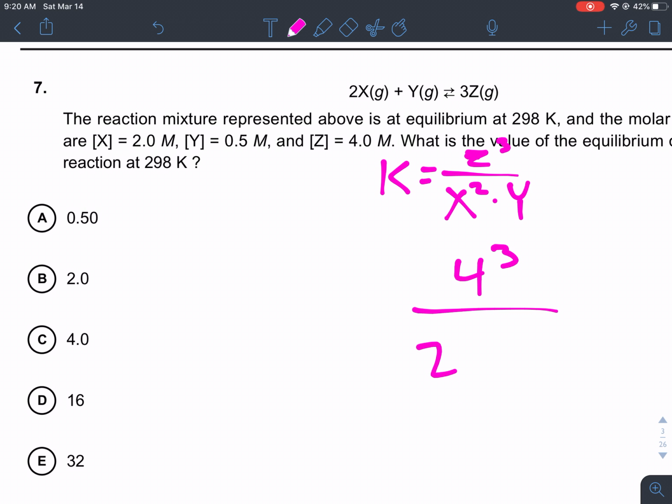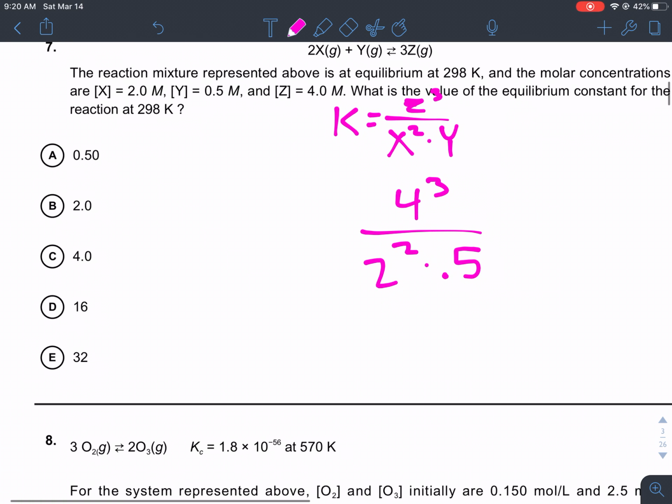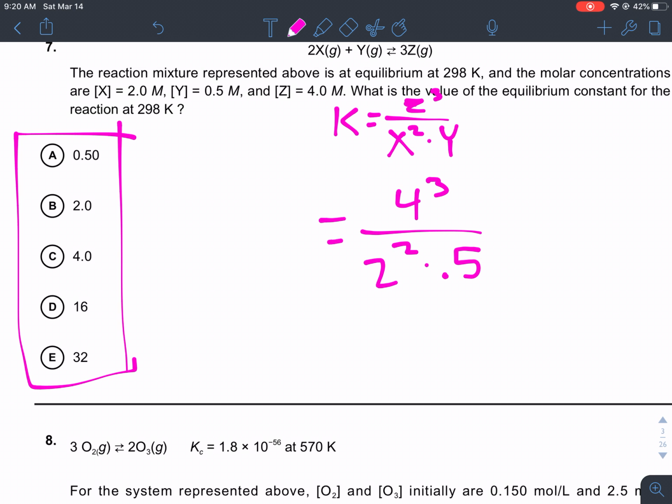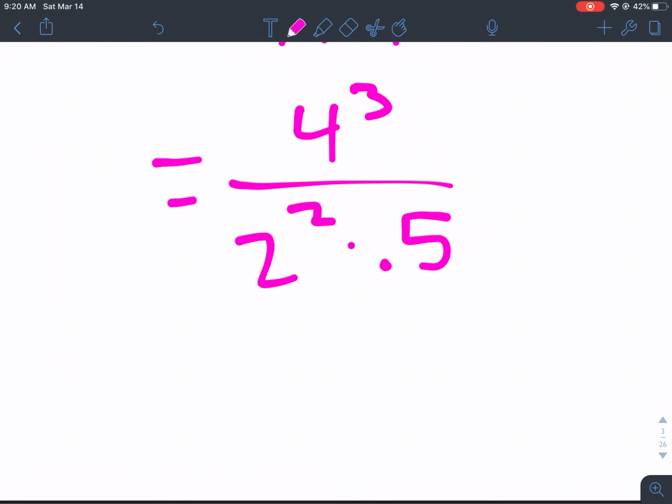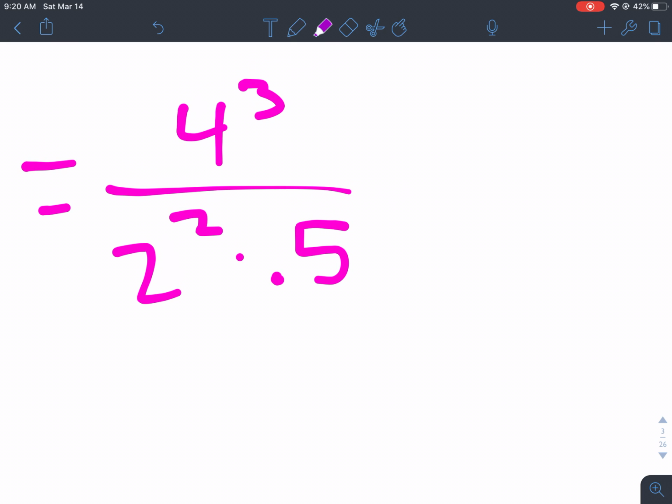Let me plug in numbers for these. I actually really like the numbers they give you here. So now we're supposed to calculate the value of the equilibrium constant because these are actually numbers. But notice the significant figures are not a big deal, right? And these numbers aren't crazy. Actually, I really like this number, because I think of this 0.5 as 1/2, and 1/2 would cancel out with one of these 2's.